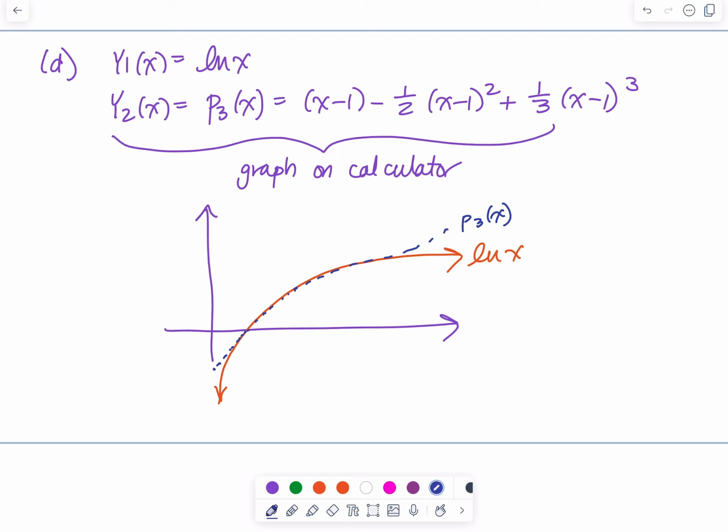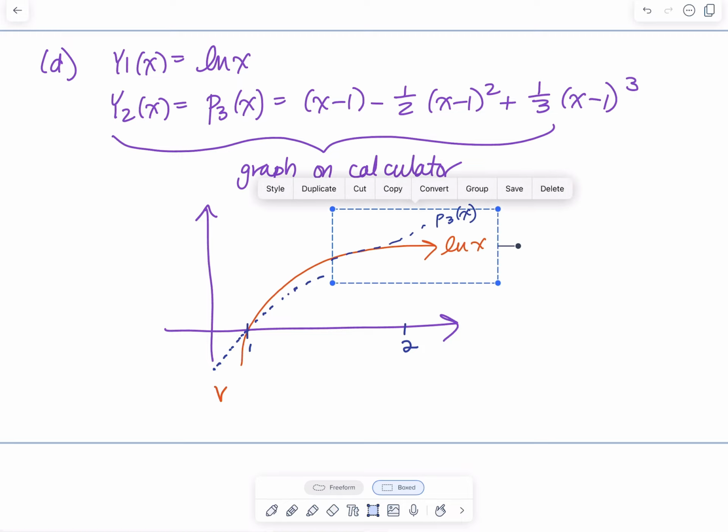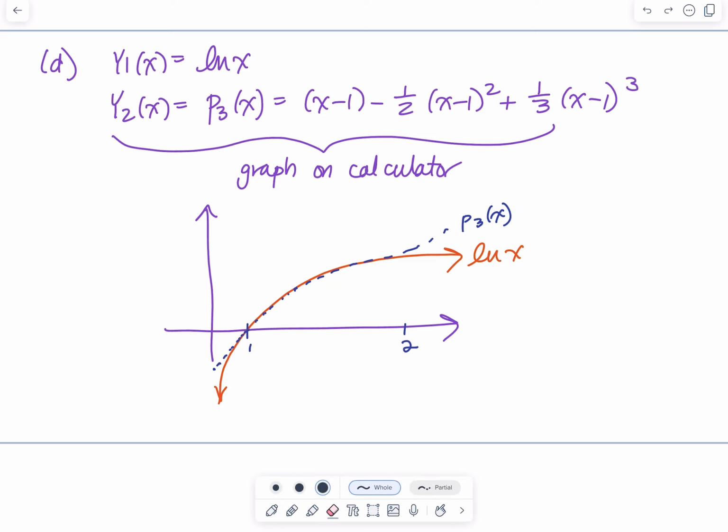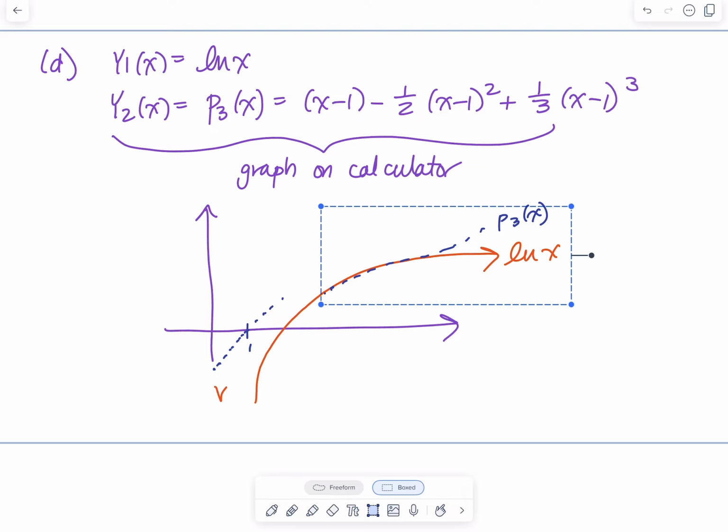So you'll be able to see both of those in your calculator. And you do want to take a look at them between 0 and 2. This is about 2. Of course, I didn't draw that very good because this is where 1 is. So I'd have to really scrunch this up, and I don't want to do that. But anyway, so you'll get an idea of what those look like. I could probably move this over a little bit.